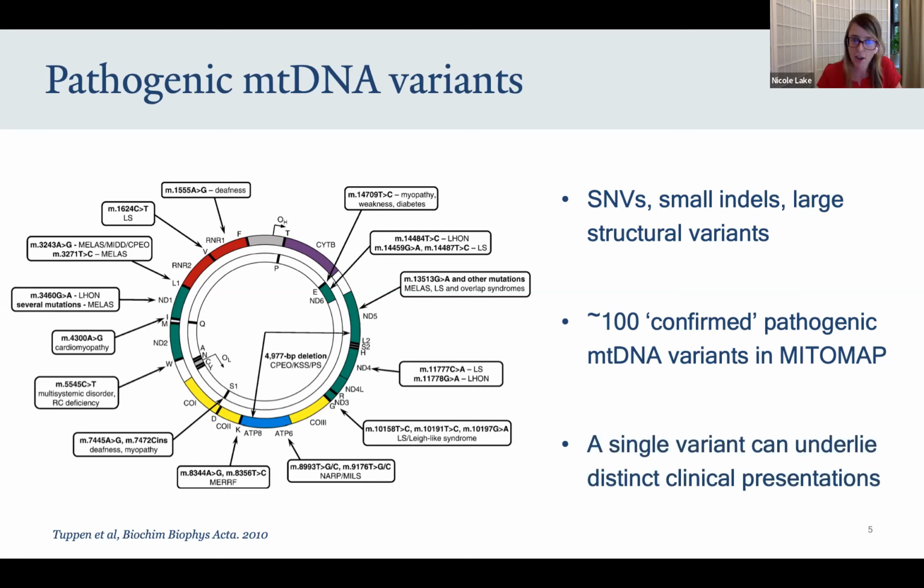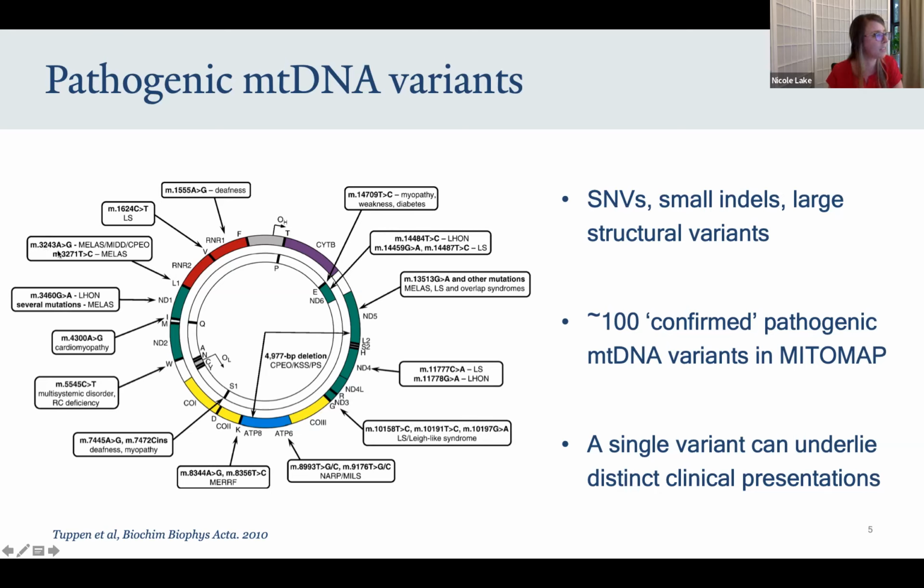And something I want to acknowledge is that there is variable expressivity with mitochondrial pathogenic variants. So the same variant can actually underlie multiple distinct clinical presentations. So in illustration of that, for example, is the 3243A>G variant.